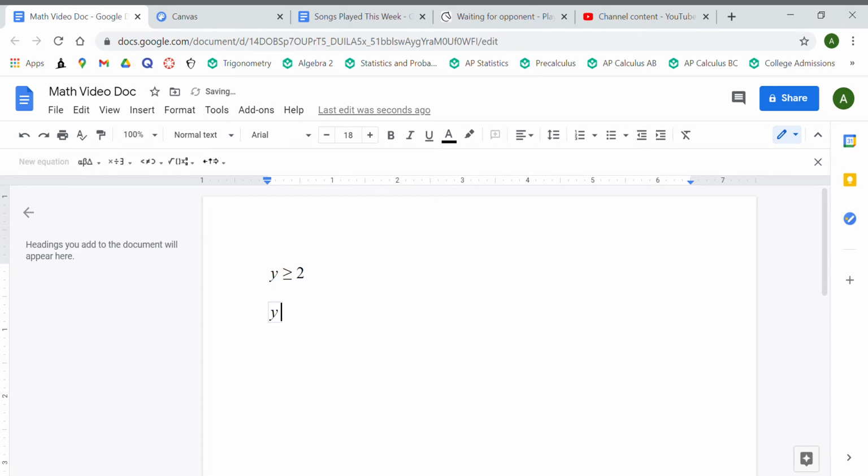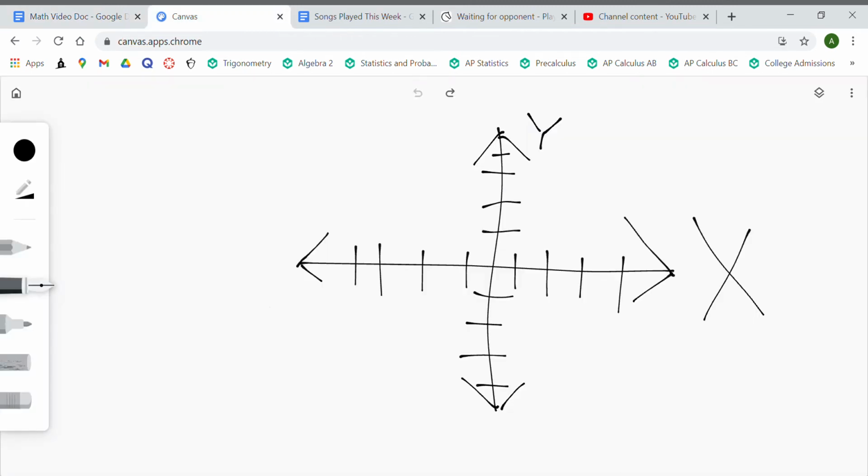Alright, try y is less than -1. Ooh, got a catcher here. Look at that. We have y cannot be equal to -1. So what do you got to do? If y cannot be equal to -1, that means when we graph this, we don't use a solid line.